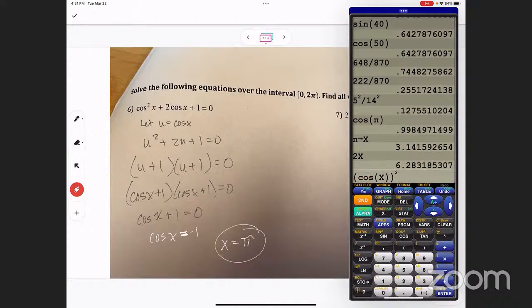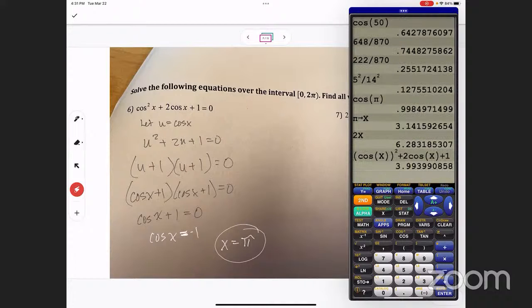Okay, that's cosine squared X. Got it? Plus 2 cosine X. Close off the parentheses. Plus 1. And what should I get as my answer if my answer is correct? If the answer is pi, I should get 0, right? Because when I plug in pi, I should get 0. Hit enter. And it's wrong.